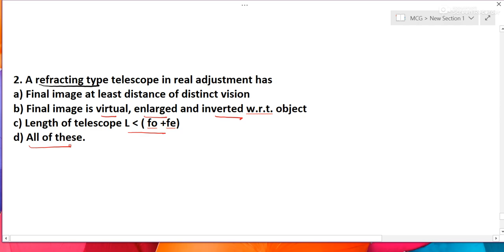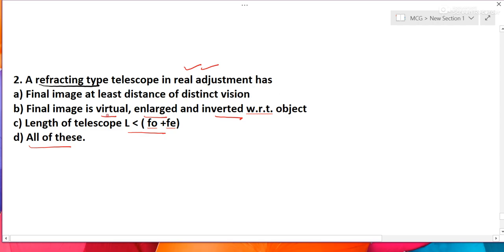See, basically, because they're talking about the final image formed at least distance, it means this is not normal adjustment, this is the near adjustment mode. So it is different from normal adjustment. In normal adjustment, the final image is formed at infinity, so this must be something else, where the image is formed at the least distance of distinct vision. So this is correct.